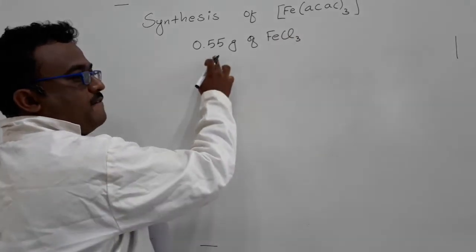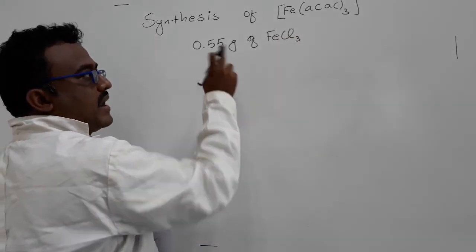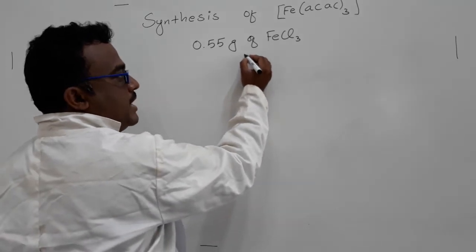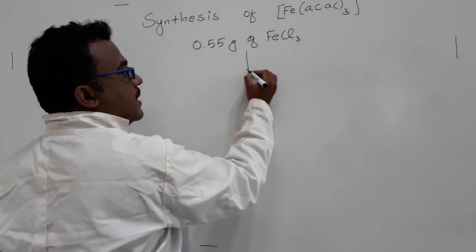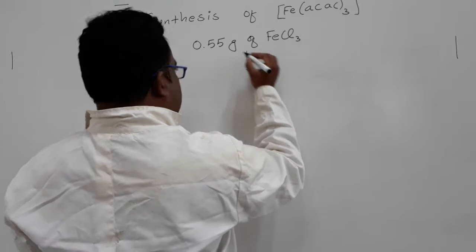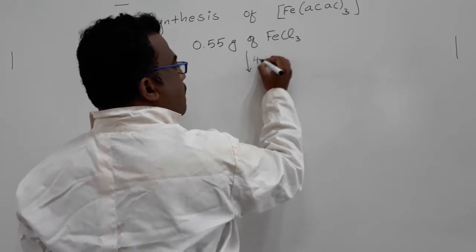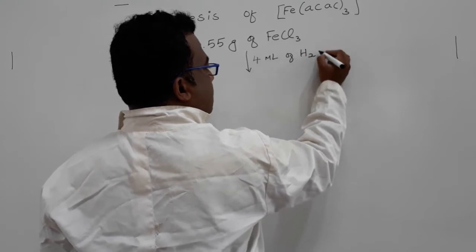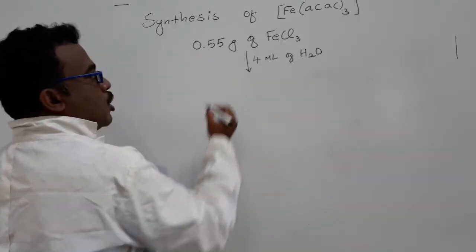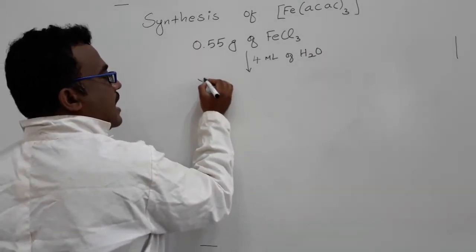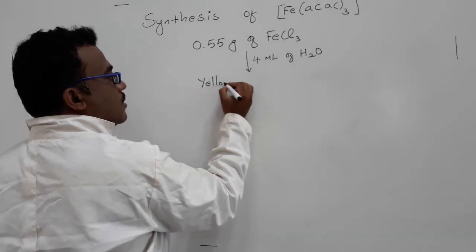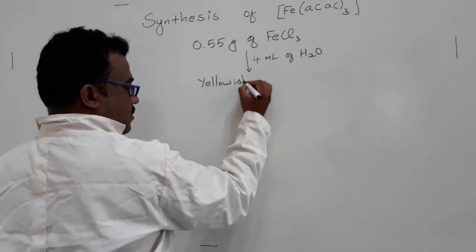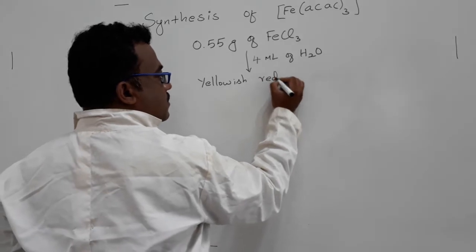Then transfer it to either a boiling tube or a beaker and dissolve it in 4 ml of distilled water. Then you will get a yellowish red solution.